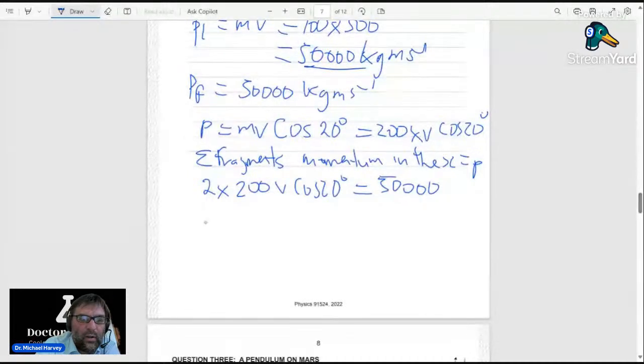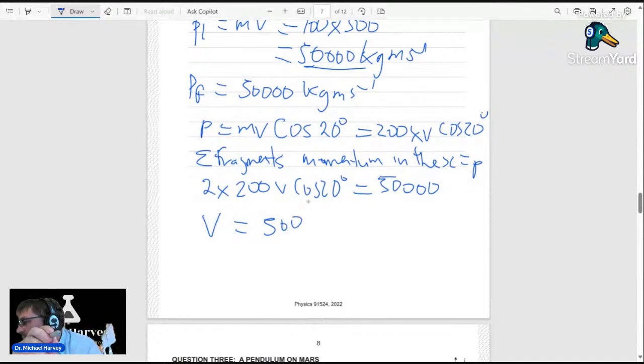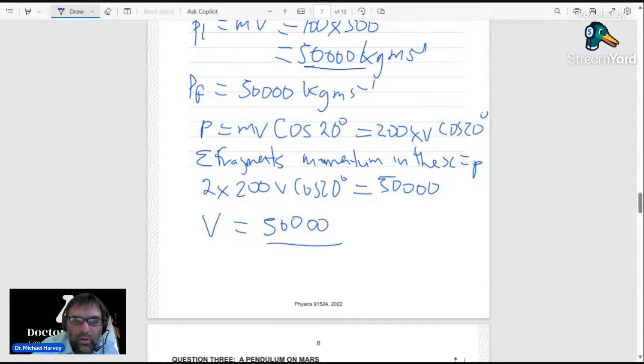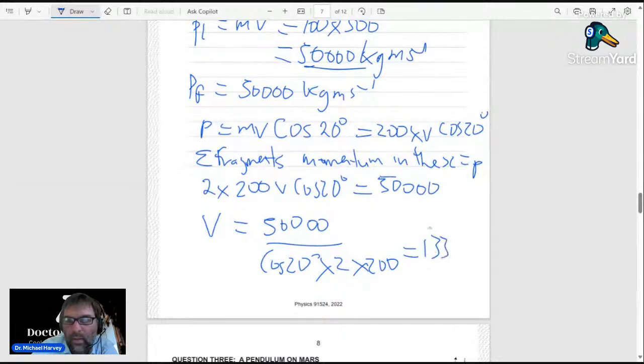Therefore, just rearranging the equation, the velocity will equal 50,000 divided by cos of 20 degrees times 2 times 200, which equals 133 meters per second.